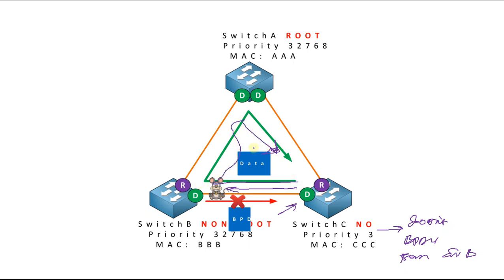That's crazy, because switch C is not receiving any more BPDUs on its alternate port, so it will go into forwarding mode and become a designated port. We now have a one-way loop as indicated by the green arrow. Here is the green arrow, the one-way loop.